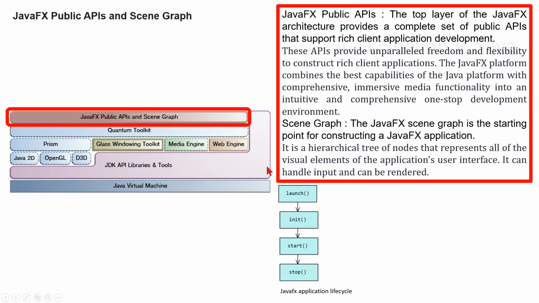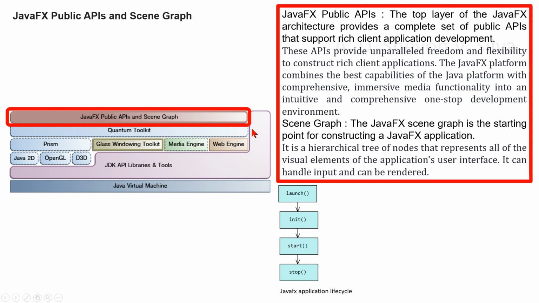Now we are focusing on JavaFX public APIs and Scene Graph. JavaFX public APIs. The top layer of the JavaFX architecture provides a complete set of public APIs that support rich client application development.